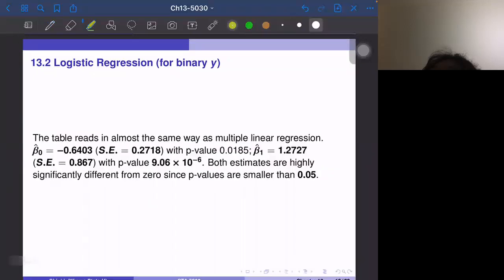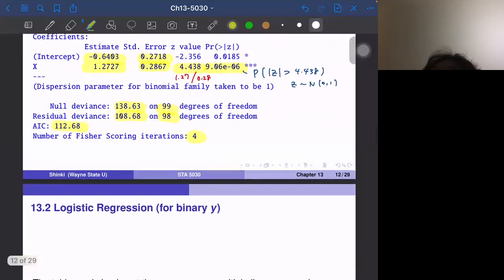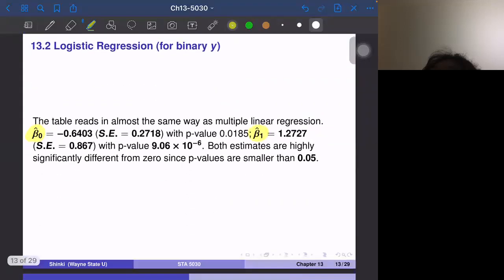Yeah, so this is just the explanation of what I provided. So at least we can say that beta 1 is significantly different from 0, and beta 0 is also significantly different from 0 because the p-value is 0.0185, which is less than 0.05.